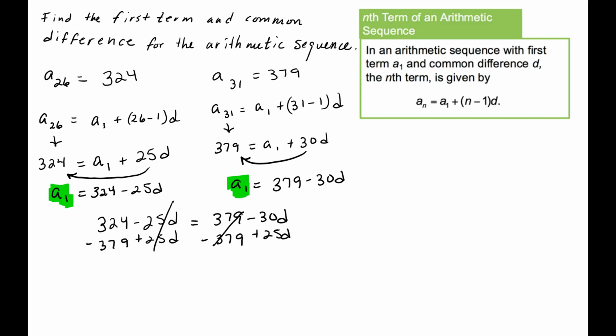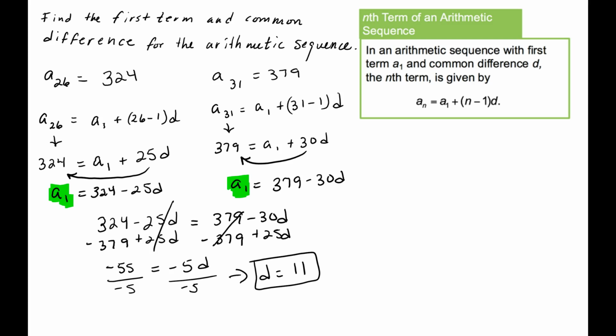That's one way to do it. That cancels out there. We're left with, in this case, negative 55 equals negative 5D, and then you divide both sides by negative 5, and you get D equals a positive 11. So we found the first part, the common difference.